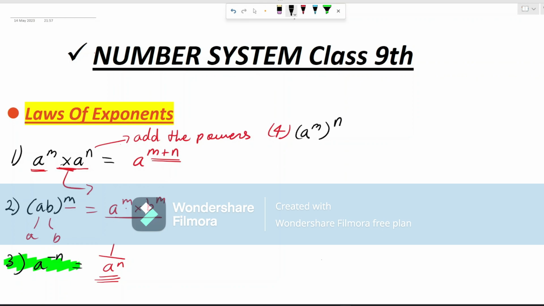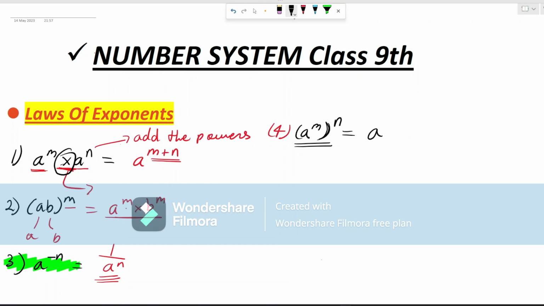Now you might get confused in this one. If there is a bracket, what will you do? You must be thinking if it is multiplication, then we will add the powers, right? No, not at all. If they have given the sign specially, then only you will add the powers, and only if the bases are the same. But here there is a bracket sign, and there is one power inside the bracket and another outside.